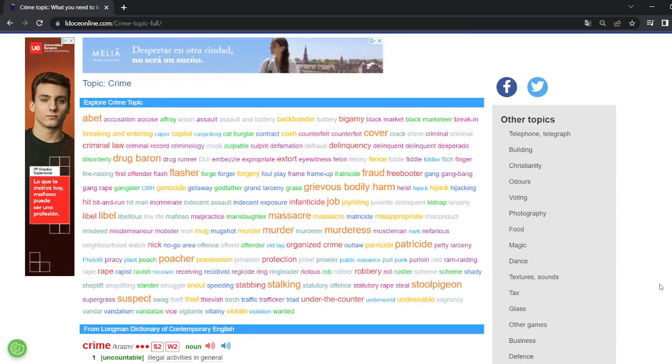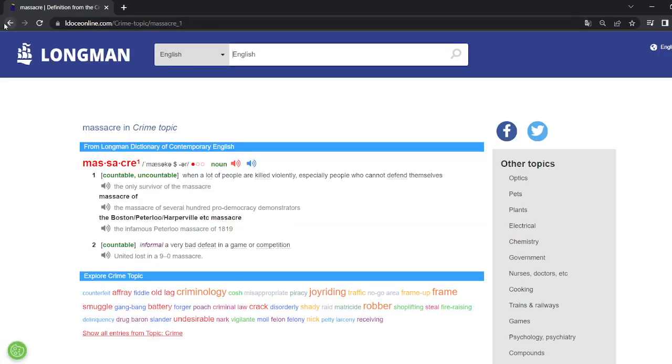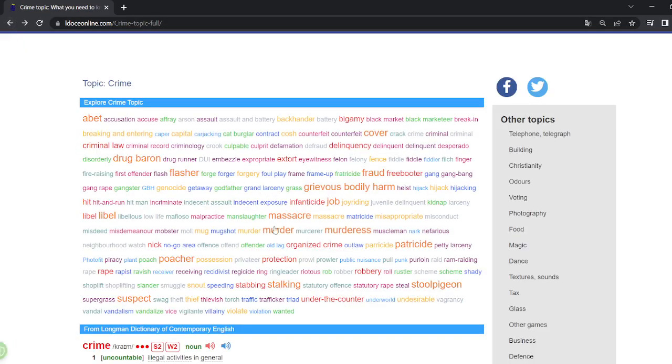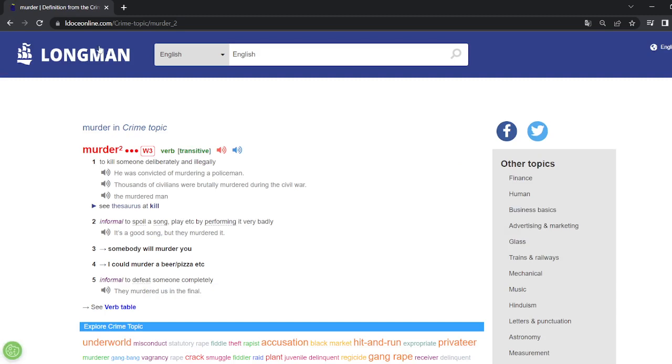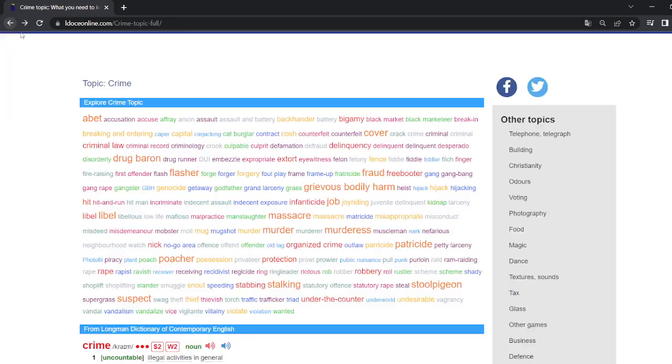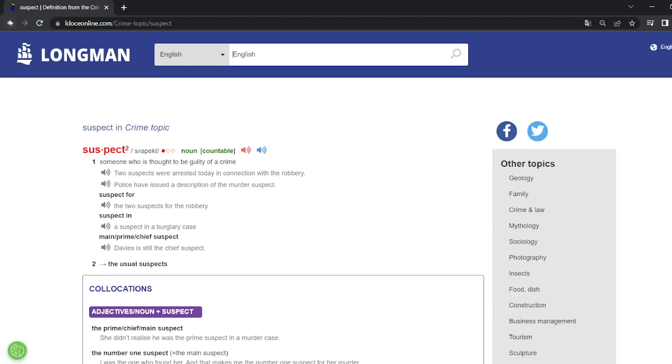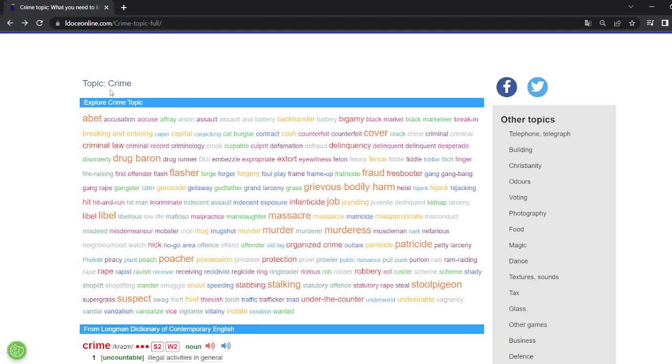So the students are asked to examine this word cloud for the topic of crime, and simply find out about the words that they find interesting, and simply pay attention to the information in some of the entries that they decide to check, and they can do that by clicking any of the words in the word cloud for the topic of crime.